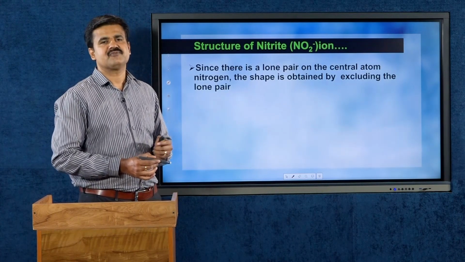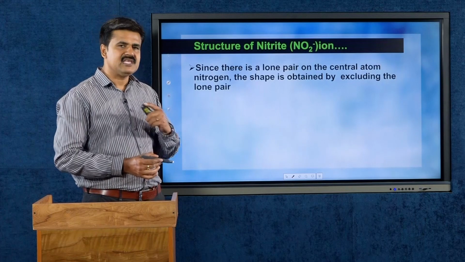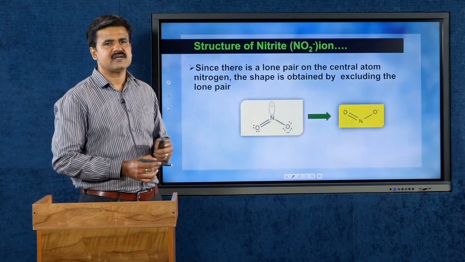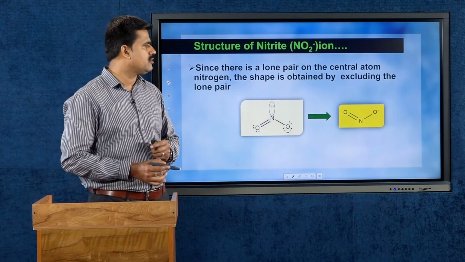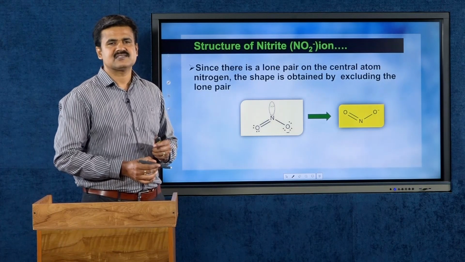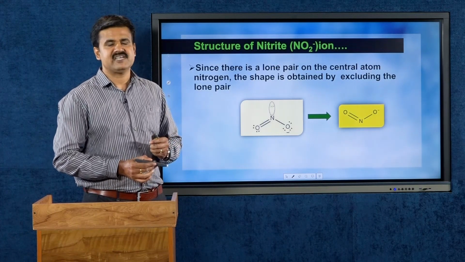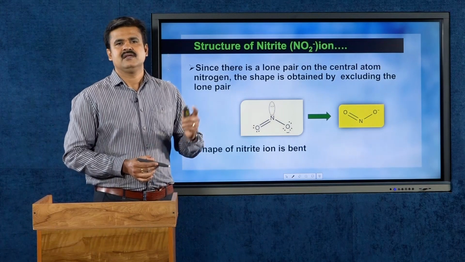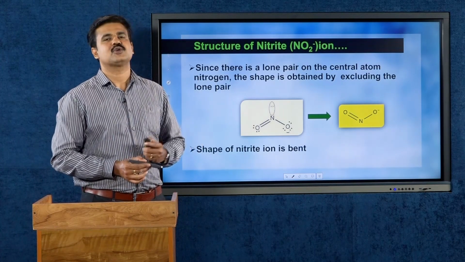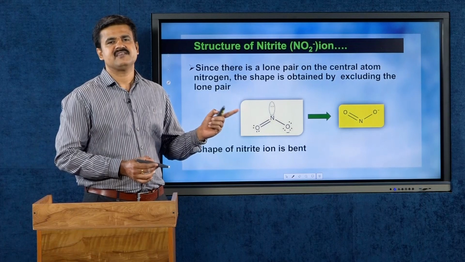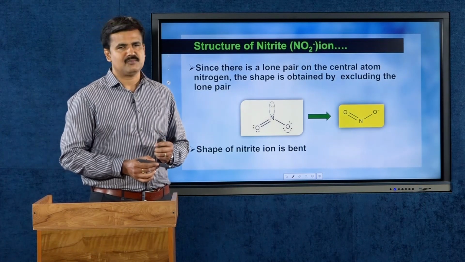The shape of the molecule is obtained by ignoring the contribution from the lone pair. So, you can say that this molecule NO2- ion shows a bend shape or V shape, and the shape is similar to that of water molecule. That is why we can say that it is bend or V-shaped molecule.